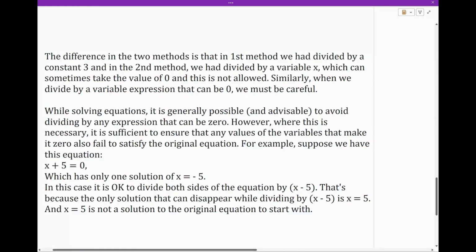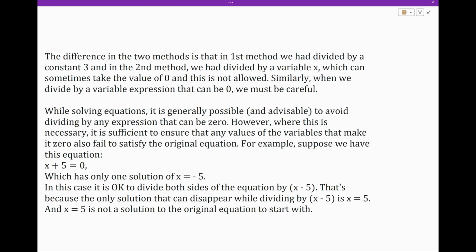The difference in the two methods is that in the first method, we had divided by a constant 3, and in the second method, we had divided by a variable x, which can sometimes take the value of 0, and this is not allowed. Similarly, when we divide by a variable expression that can be 0, we must be careful.